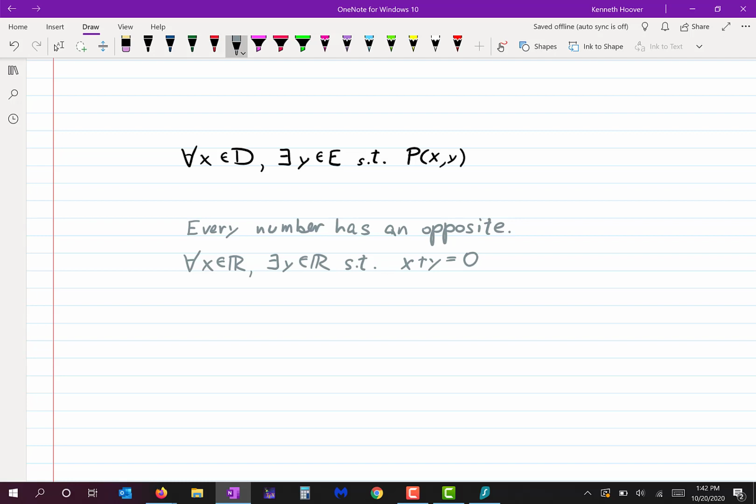So it's a universal statement because it starts with a universal quantifier. The second half of the universal statement is an existential statement. So you could call this a universal existential statement. Okay? Let's write that down.